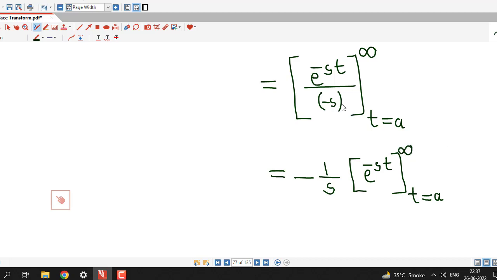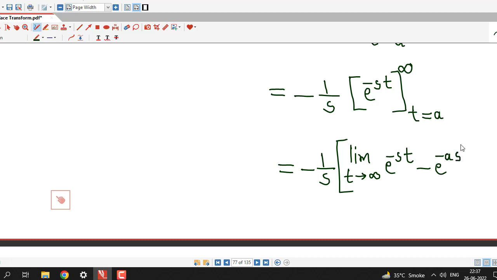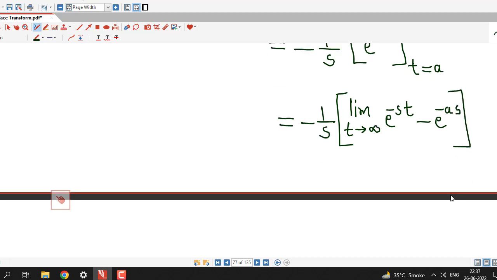Minus 1 by s is independent of t, therefore we can take it outside. Now this is equal to minus 1 by s, where the upper limit is t equal to infinity. That means we are interested in the limit of e raised to minus s into t as t tends to infinity, minus the lower limit t equal to a, that is e raised to minus a into s.